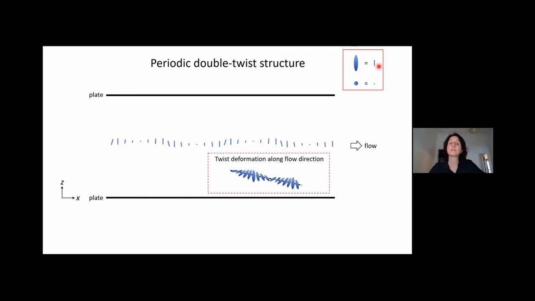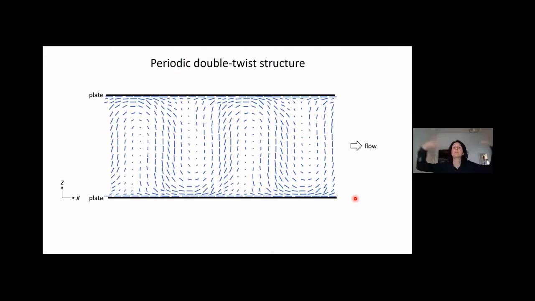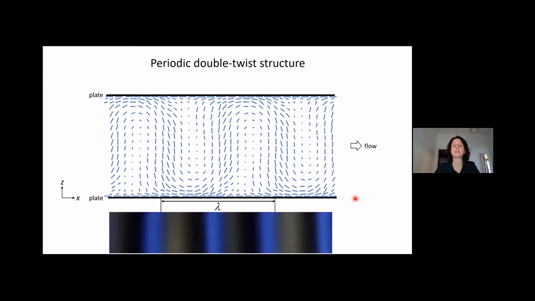In addition to the twist deformation in the flow direction, we also have a twist deformation along the gap direction, which, putting this all together, gives us a periodic double twist structure that spontaneously emerges and leads to these stripes with a well-defined period lambda.